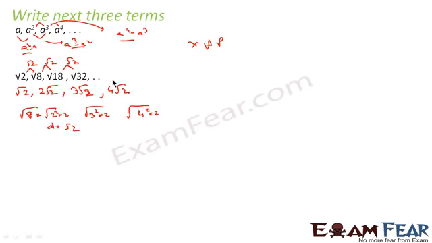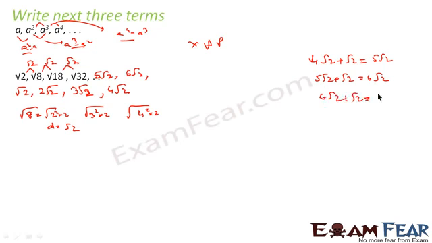The next term after root 32, which is 4 root 2: 4 root 2 plus root 2, that is 5 root 2. So this term is 5 root 2. Next term again, 5 root 2 plus root 2 is 6 root 2. Again one more term: 6 root 2, the last term, plus root 2, the D, that is 7 root 2.